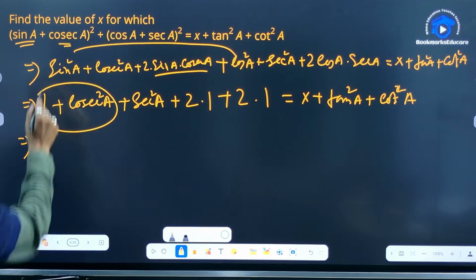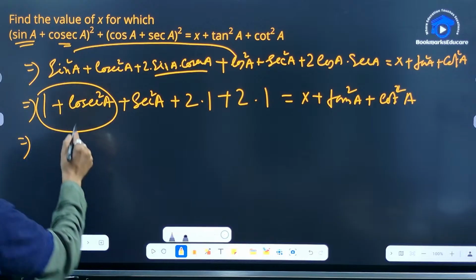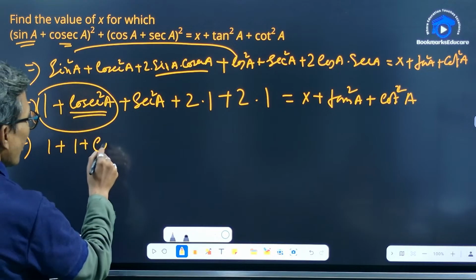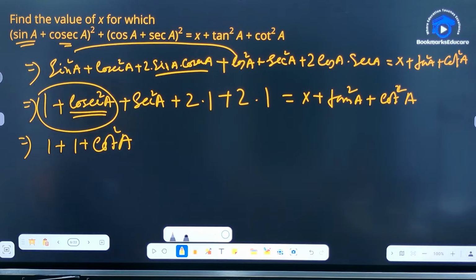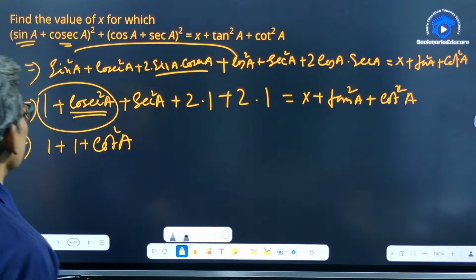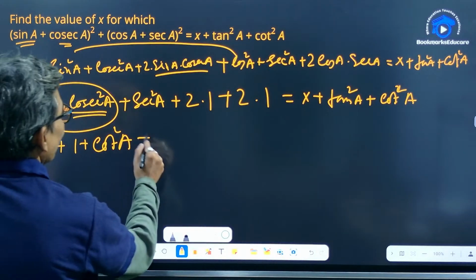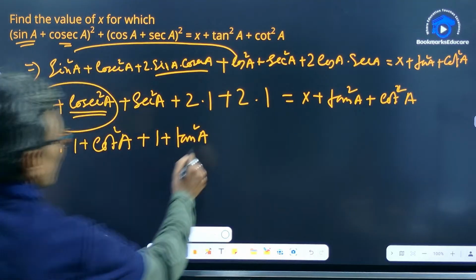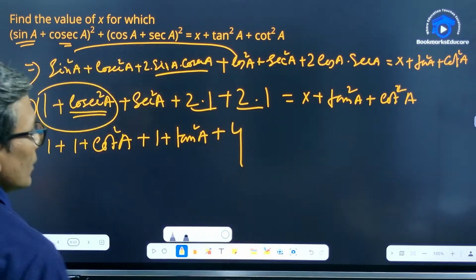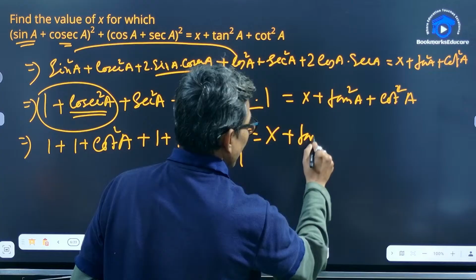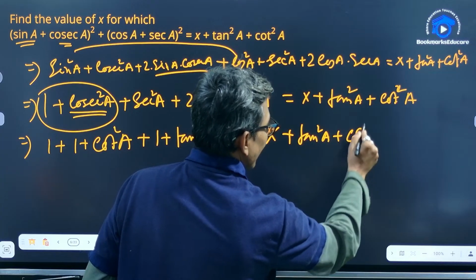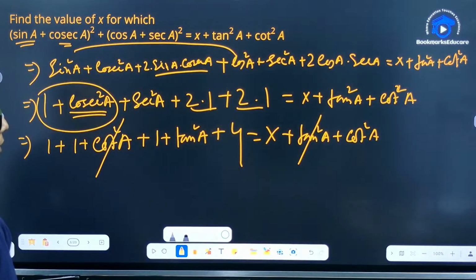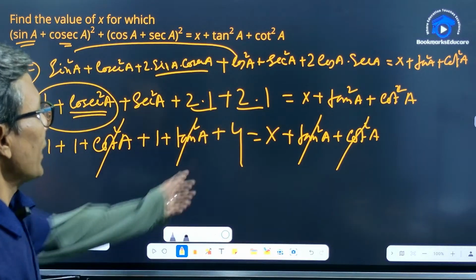So 1 plus cosec square A, we can't simplify that, so cosec square A, and 1 plus cot square A. The identity formula is cosec square A is equal to 1 plus cot square A, plus sec square A means 1 plus tan square A. So this 2 and this 2 make 4, so x plus tan square A plus cot square A. From both sides cot A will be eliminated and tan A is also eliminated from both sides.